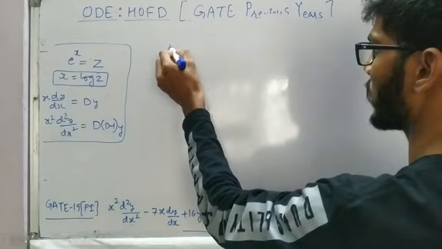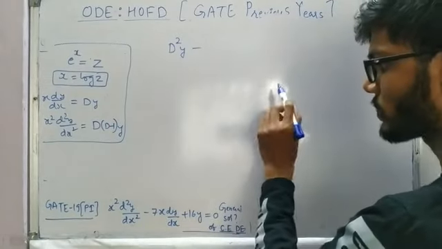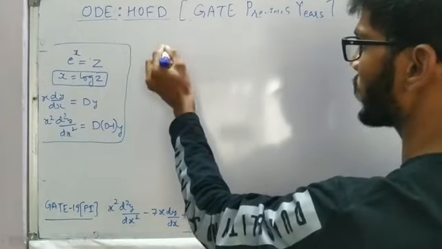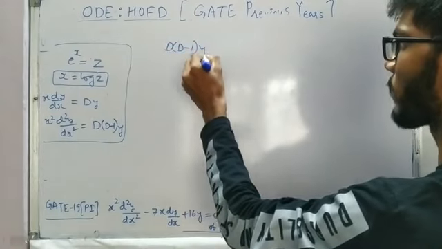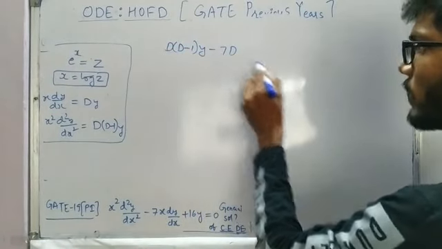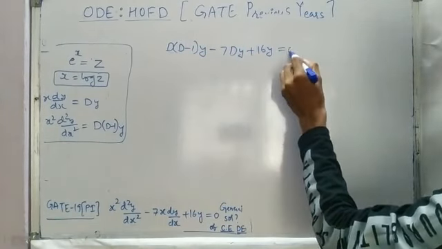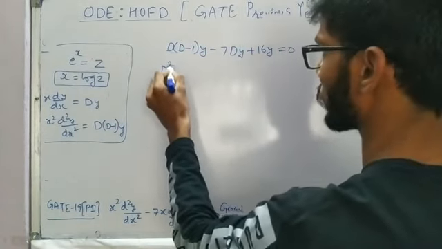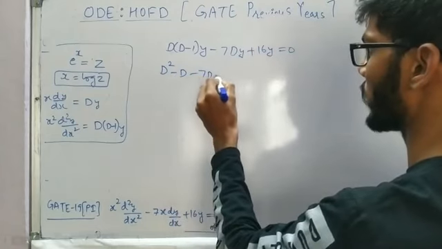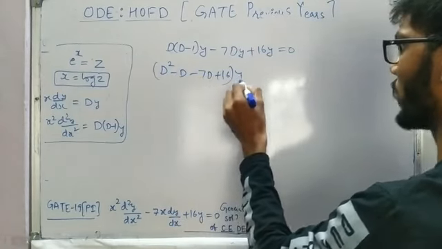So let's substitute that. D into D minus 1 y minus 7D y plus 16y is equal to 0, and this is going to be something like D square minus D minus 7D plus 16 into y is equal to 0.